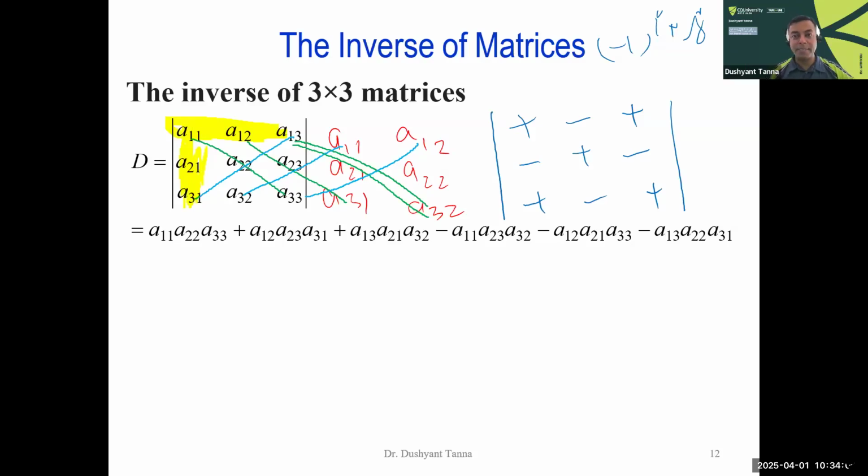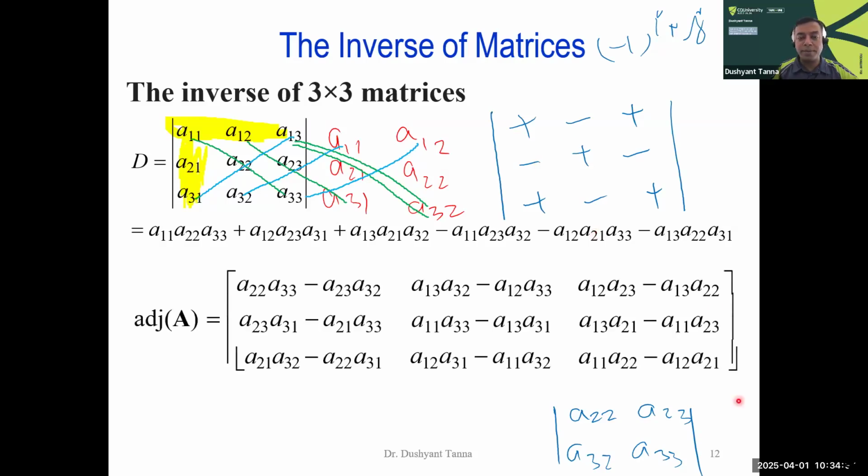Whatever remains, that determinant. What remains for the first element? A22, A23, A32, A33. That's what remains. And then how do you find that determinant? It is principal minus secondary. And then assign this plus minus thing. So that's that whole bit.